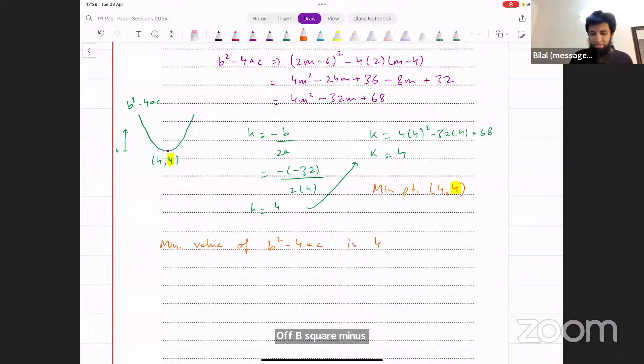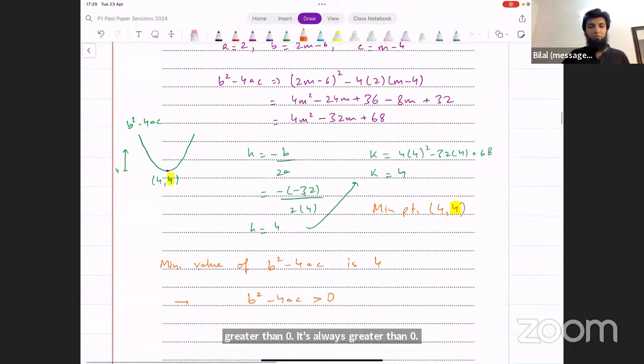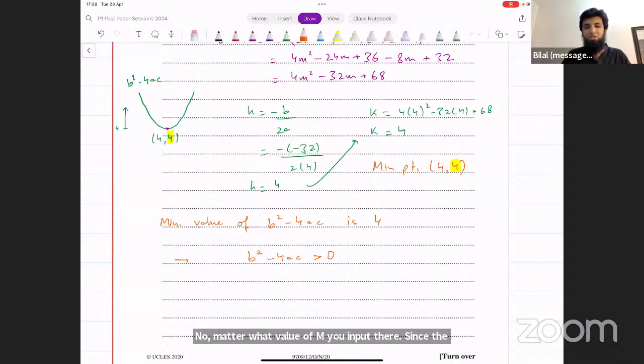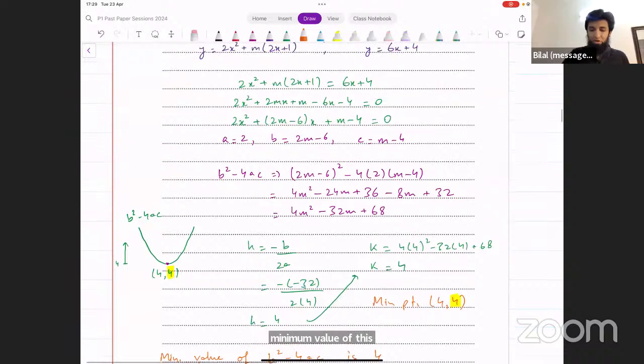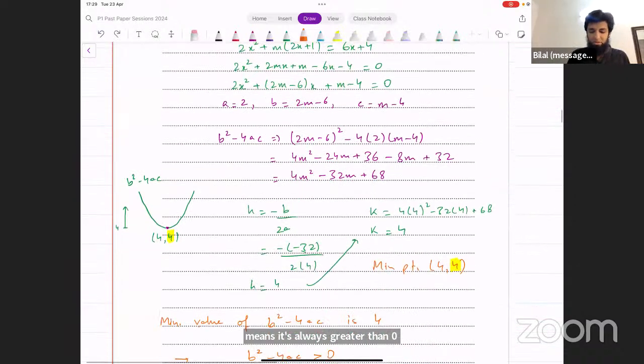What that means is b square minus 4ac is greater than 0. It's always greater than 0. No matter what value of m you input there, since the minimum value of b square minus 4ac is 4, that means it's always greater than 0. Since it's always greater than 0, we can say the line intersects the curve at two distinct points.